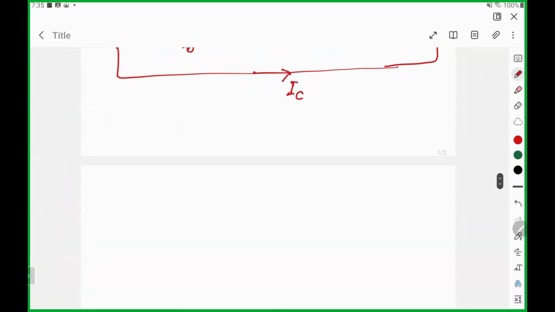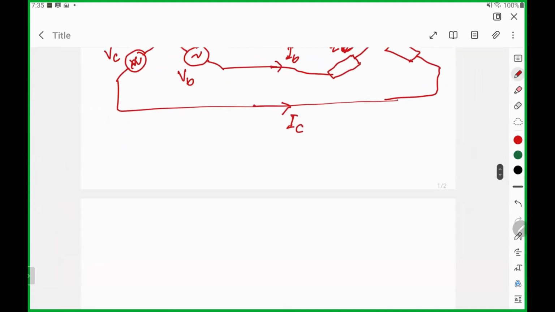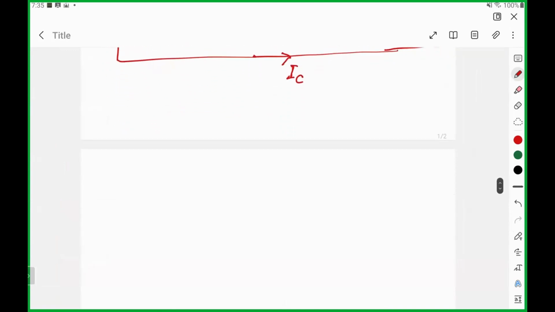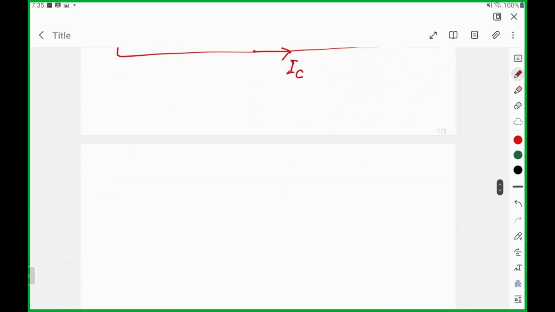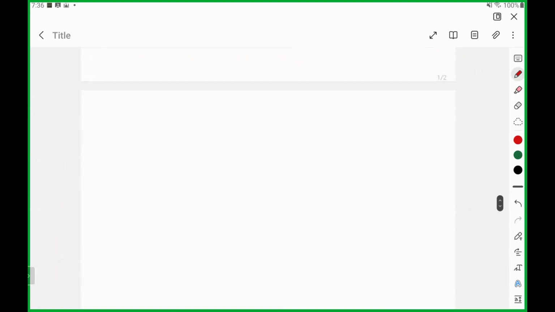Now, if I draw the phase, do we know what the phase looks like in a three-phase system? Whenever we are considering VA, in a commonly used phasor diagram, let's say our typical three-phase voltage is 415.